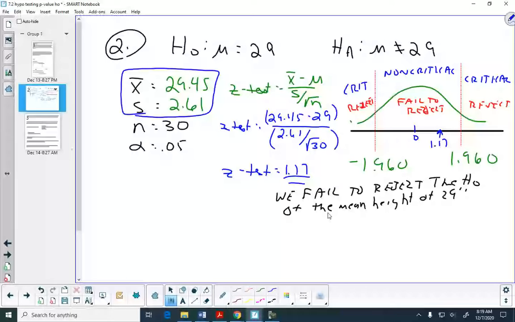You just need to show me that you have something just a little bit different there. And if this process is still correct, you'll still get a correct solution. Any other questions about the z-test?